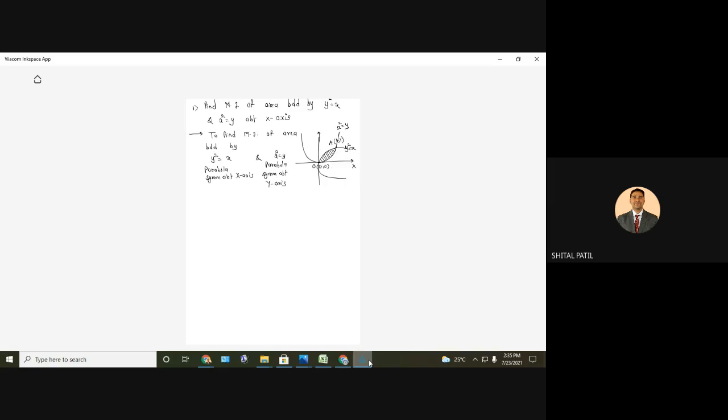Okay. Now we want to find the limits. So we'll decide the order in this way: integration with respect to y first and then with respect to x. Limits of x are the outer limits. They are the minimum and maximum value of x. X equal to 0, and if we consider this line, x equal to 1. How to find limits of y? For that we have to consider a strip like this.